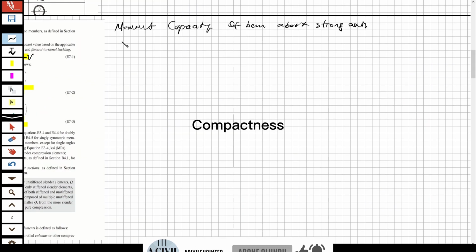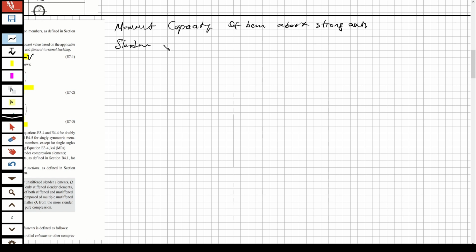So for the flange, B over T is equal to 170 over 2 over 12.7, and this is 6.7.